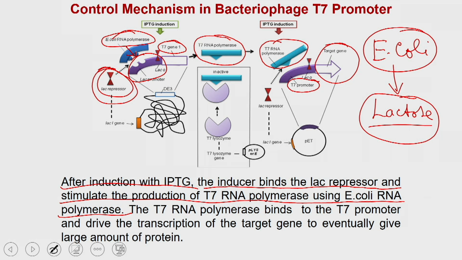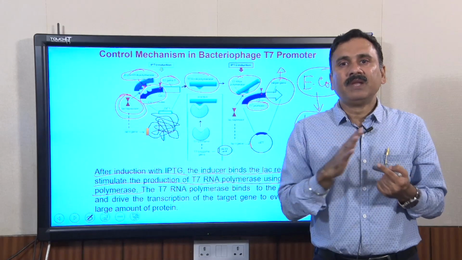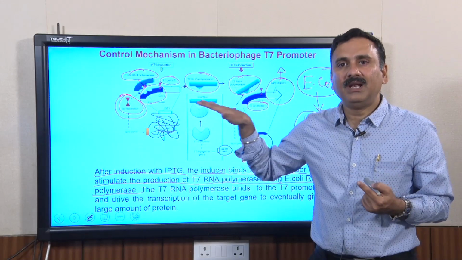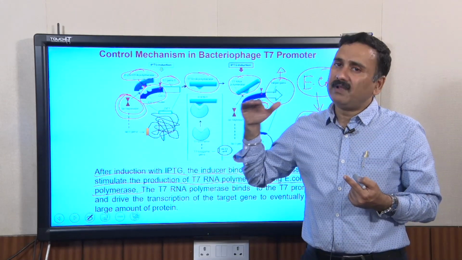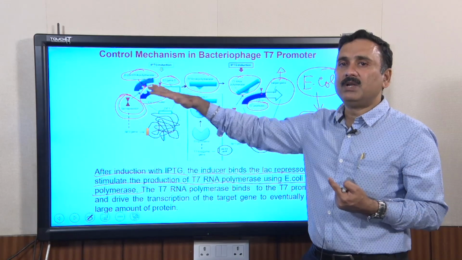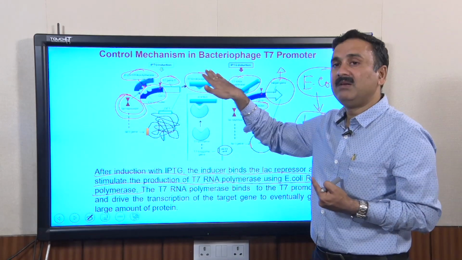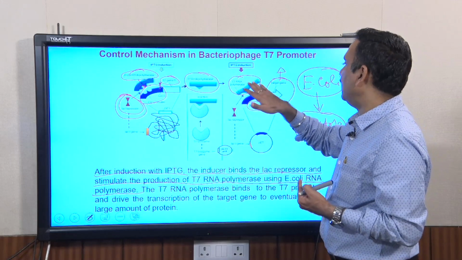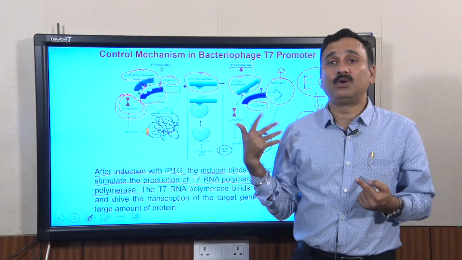That is how it first induces the production of T7 polymerase, and that eventually starts synthesizing the target gene in the absence of the inducer as well. Even if you do not add IPTG, the lactose present inside the cell functions at a very low level to produce some amount of T7 RNA polymerase, and that T7 RNA polymerase will drive the production of your target gene.